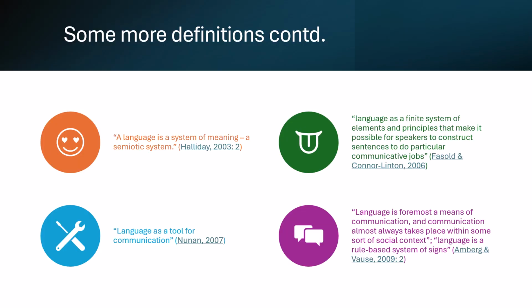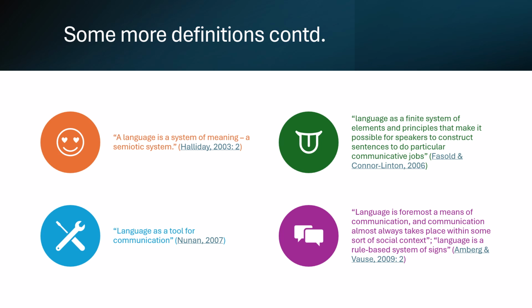So let's look at some more definitions. Harley 2003 says a language is a system of meaning, a semiotic system. Let me look first at Fasold, because I should be following the dates. Fasold and Connor-Linton say language is a finite system of elements and principles that make it possible for speakers to construct sentences to do particular communicative jobs.